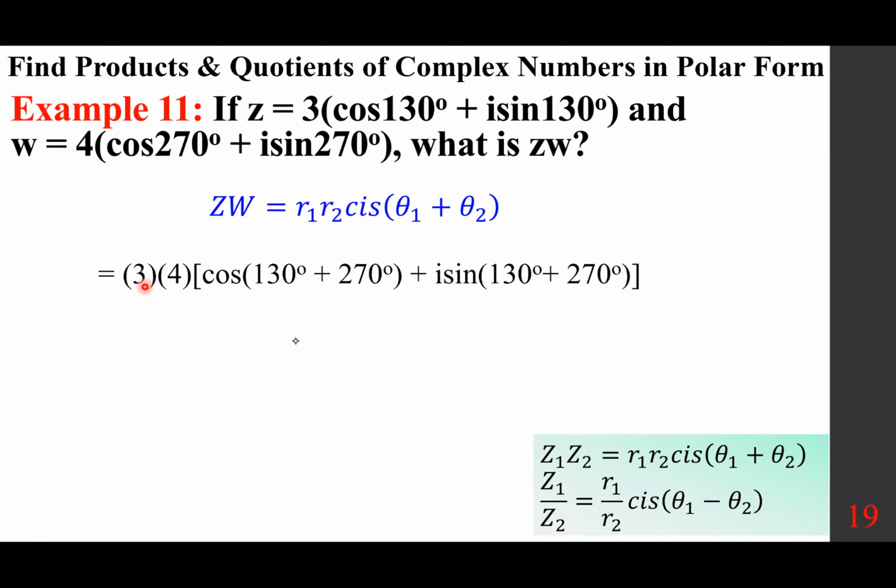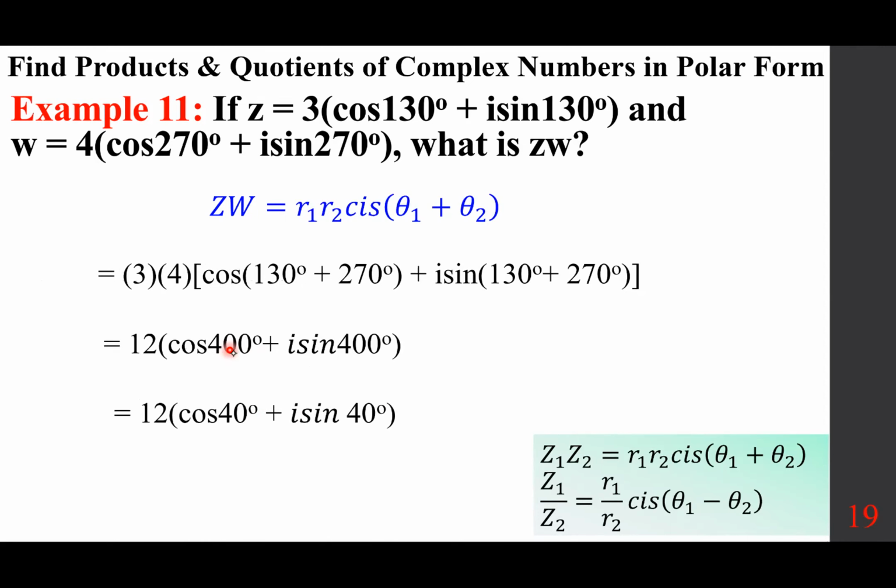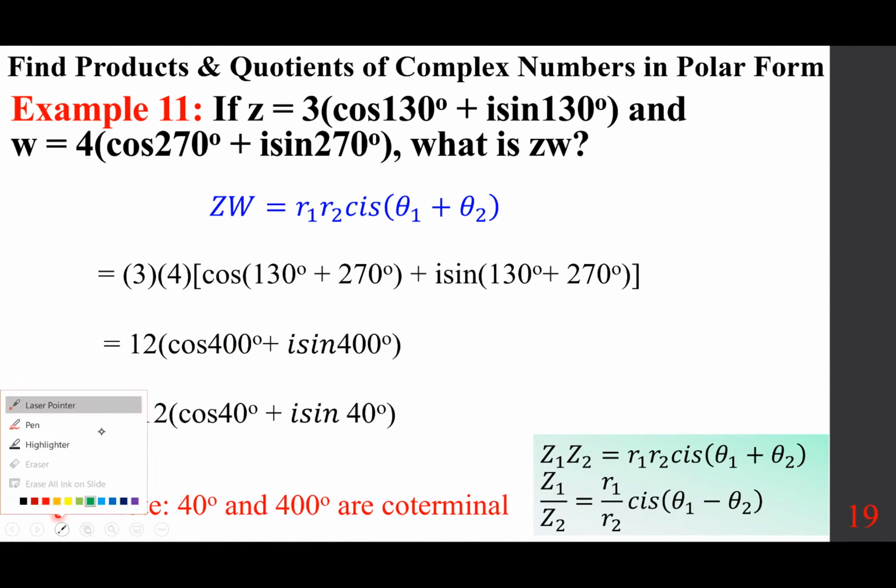This is 12. This is 400. And we can subtract 360. So if we subtract 360, we get 40. As you know, 40 and 400 are called coterminal.